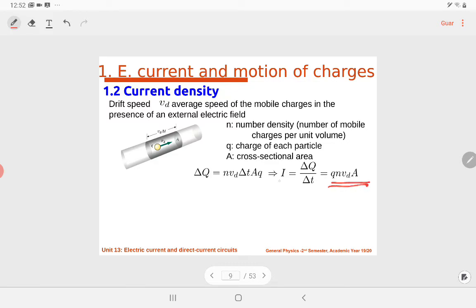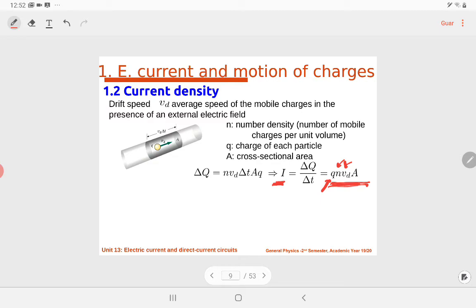As I was saying before, we are relating the macroscopic measurement of the electric current with some microscopic measurements, which are how many mobile charges I have per unit volume, what is their drift speed, and how much charge we have for each.